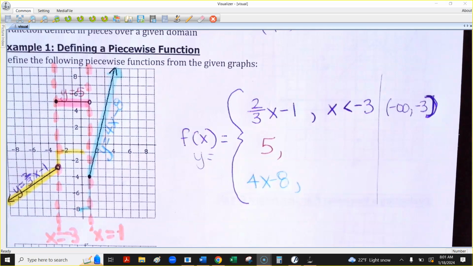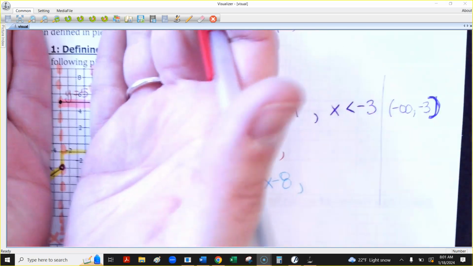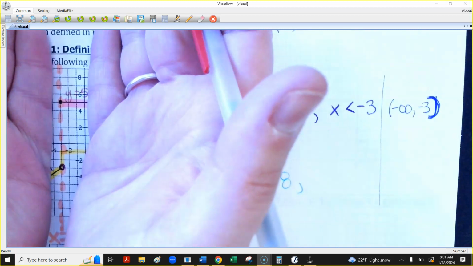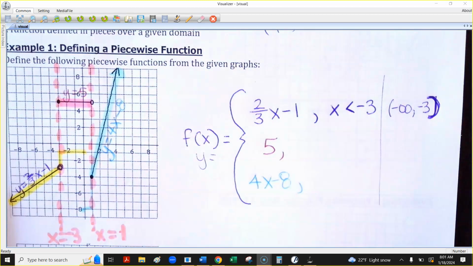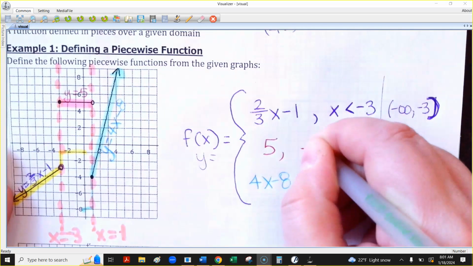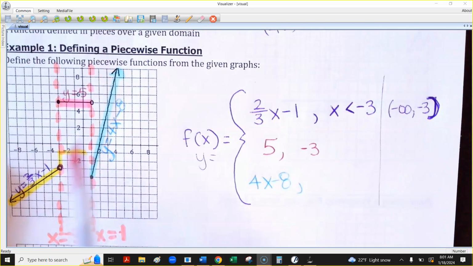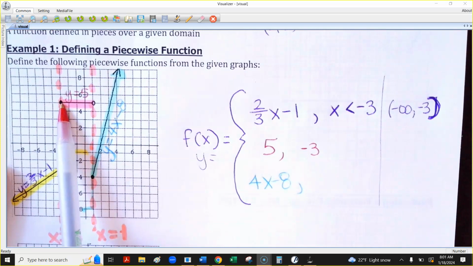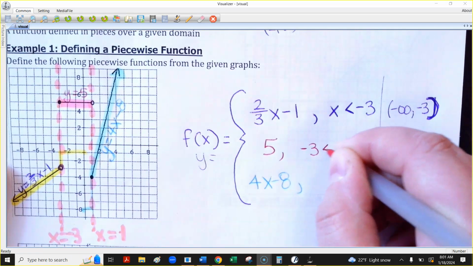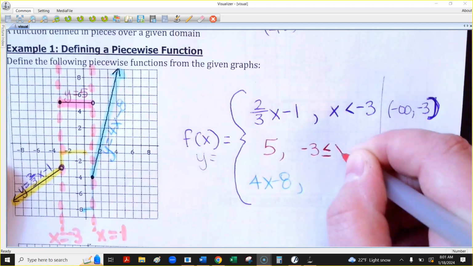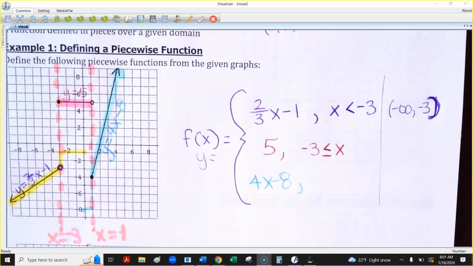Okay, now the second piece is between those two vertical lines. So I'm only using that piece between these two x values. Whatever the smaller x value is, which is -3, that's going to go on the left. If you have a filled in circle, you actually equal that point. So I'm going to point this to the left, less than or equal to x. X is going to go in the middle here.